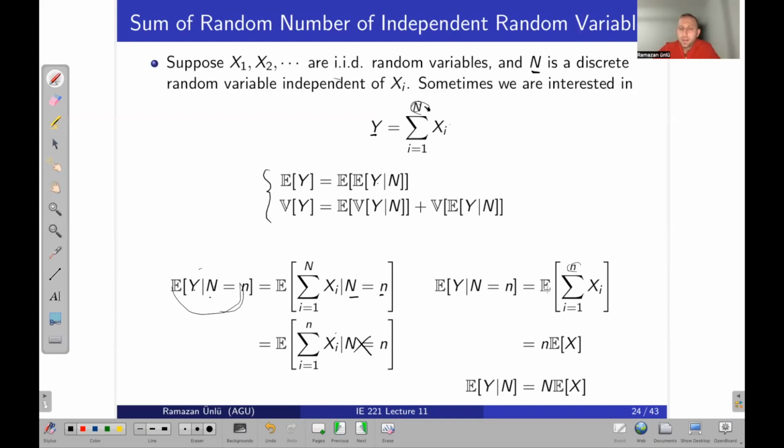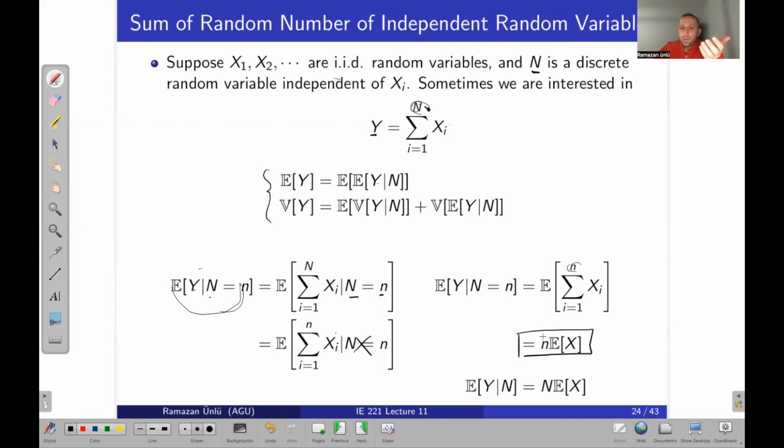N. So the expected value of the summation of Xi is equal to n times the expected value of X. If n is 2, that will be 2 times the expected value of X. If that is 3, that will be 3 times the expected value of X.